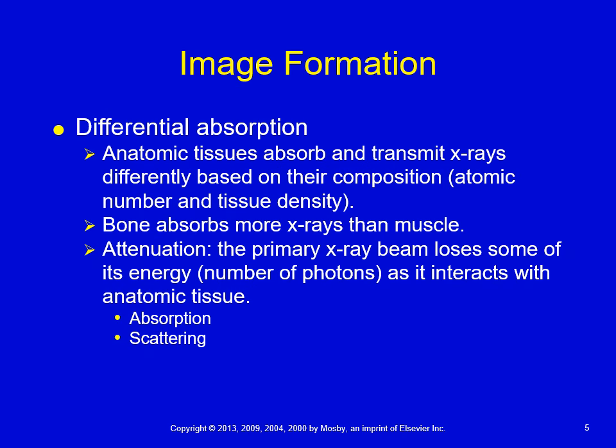Just a brief thing to remember: atomic number is basically the number of protons in the nucleus of an atom. Bone has a higher atomic number. Air-filled organs have a lower atomic number. So bone is going to absorb a lot more of the X-ray than other body tissues, such as muscle, fat, soft tissue, or our air-filled lungs. And that does make a difference in what we see in the image.